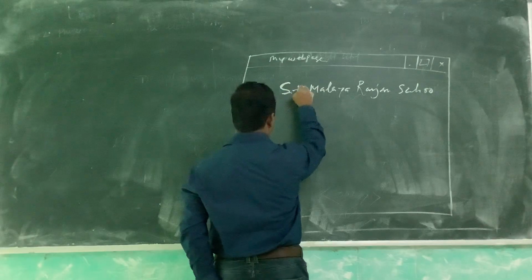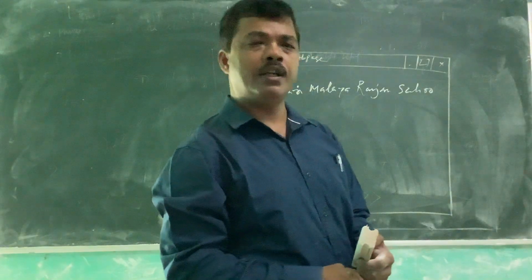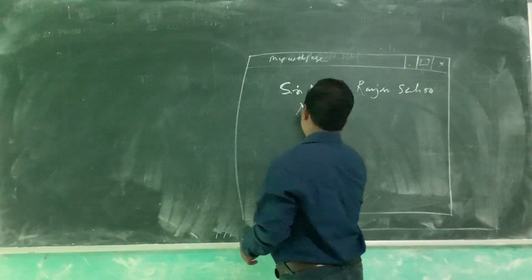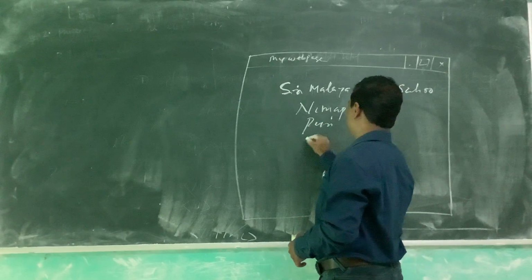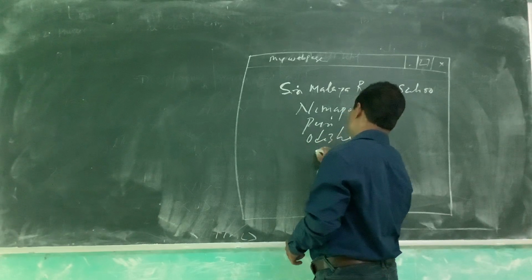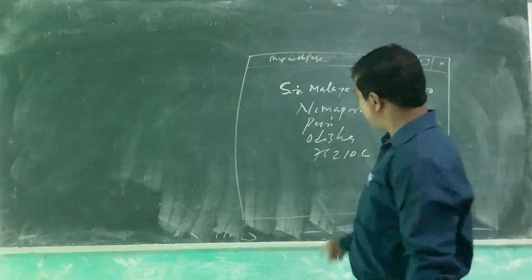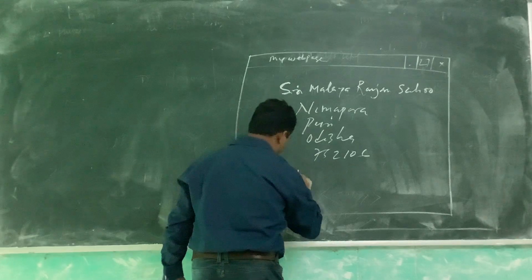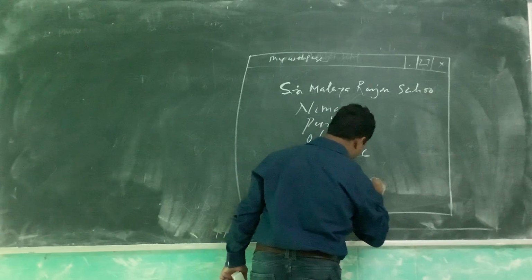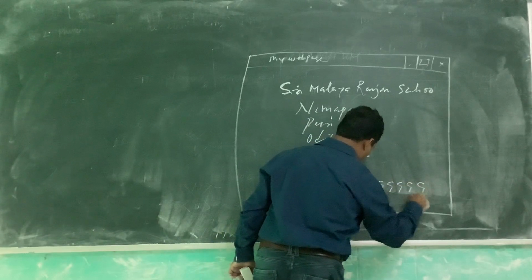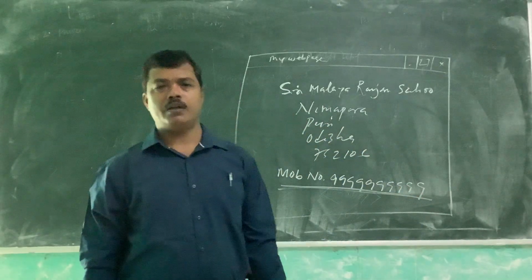The address part will appear in italic, for example Puri, and the phone number will also appear in italic.